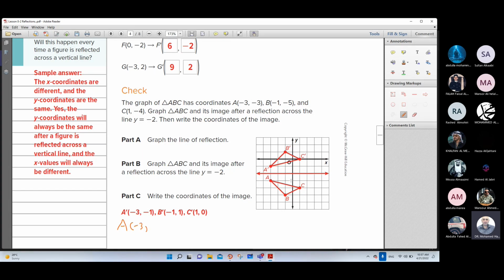And here in the y, also -3. So as you see, the same x, but different y, because here the line of the reflection is parallel with x. The same idea for the B prime and the same idea for the C prime.